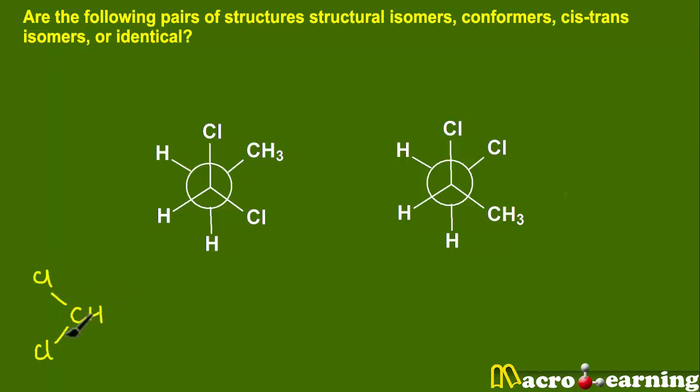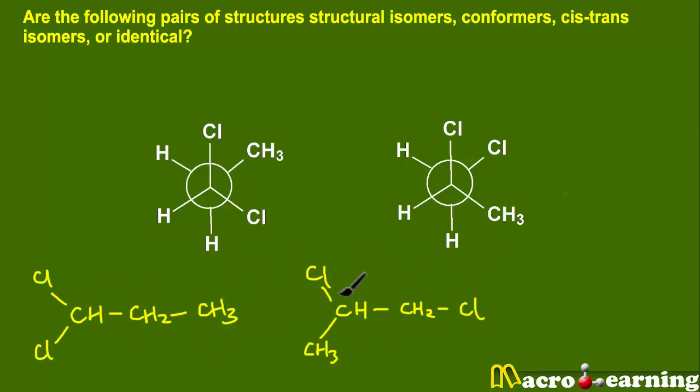Again, if we put the front carbon on the left and the other one on the right, it will be this for the left one, and for the one on the right, instead of two chlorines, it's got one methyl and one chlorine, and on the right there's a chlorine. So now it's pretty easy to see that they are just different compounds. They're structural isomers, different compounds, but the same formula, right?